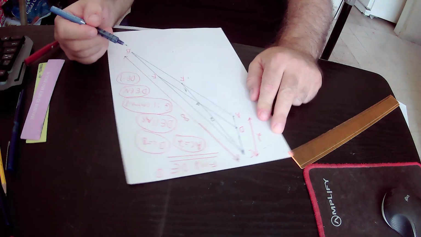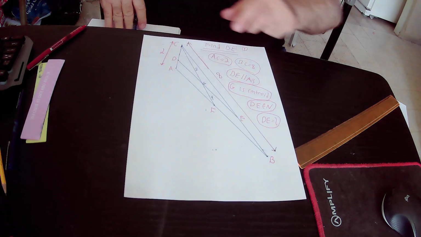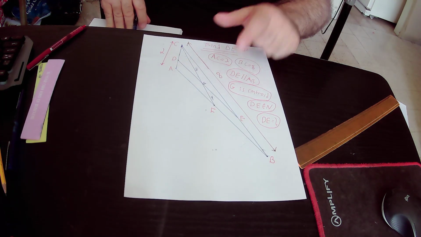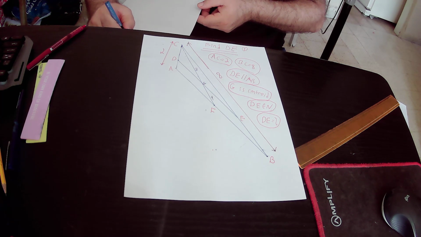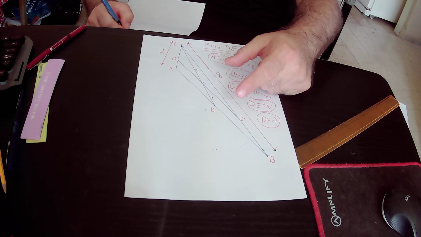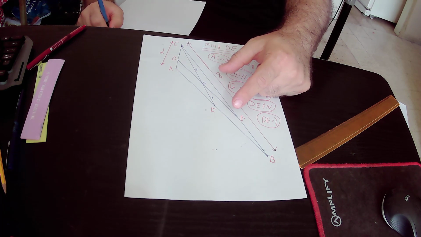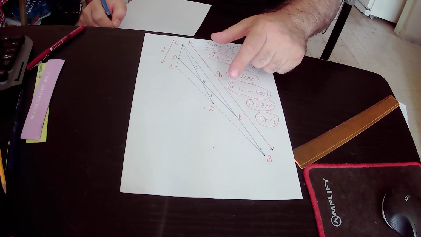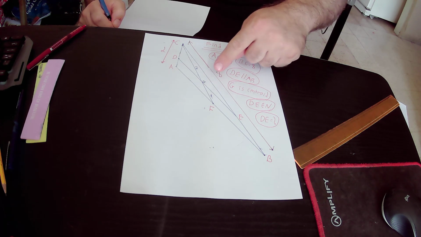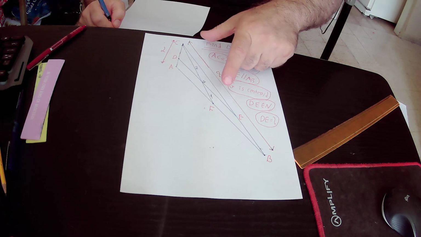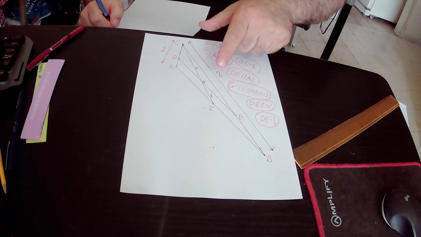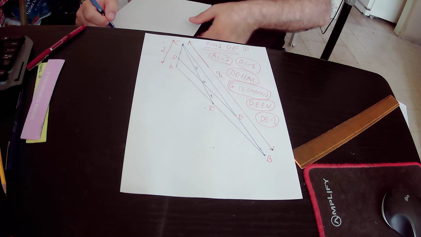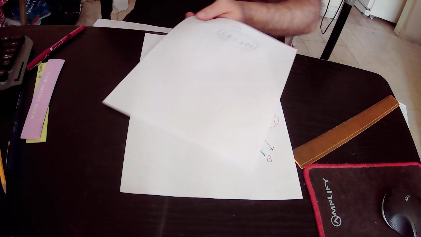Or we can write down that CG equals 2 times GF, because the centroid G divides the median CF in a ratio of 2 to 1.